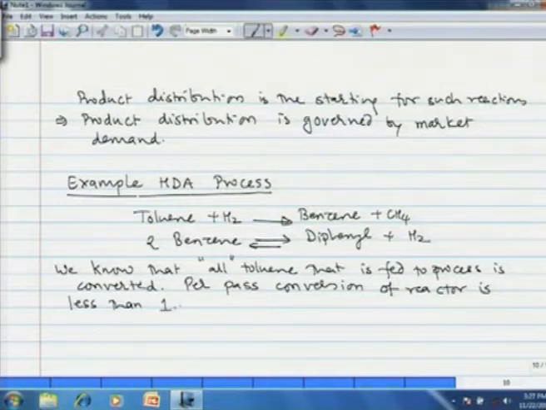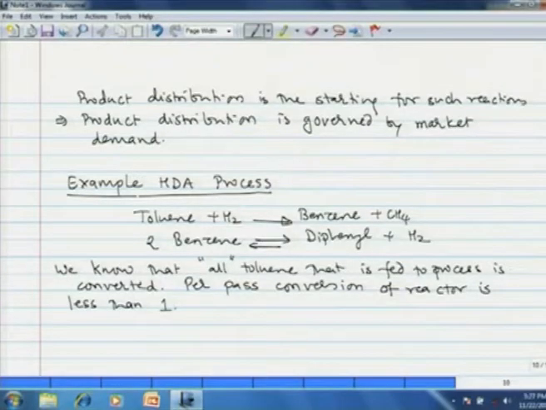So, this would leave a large amount of unreacted toluene at the reactor outlet, which has to be recovered and recycled. Okay. Now, we define selectivity for this process. The general definition of selectivity has already been given in the first lecture of this module.